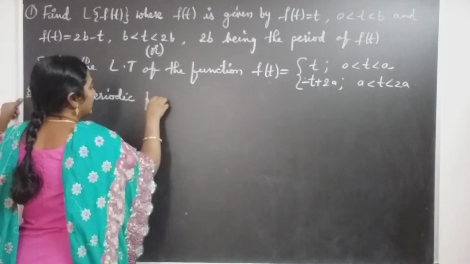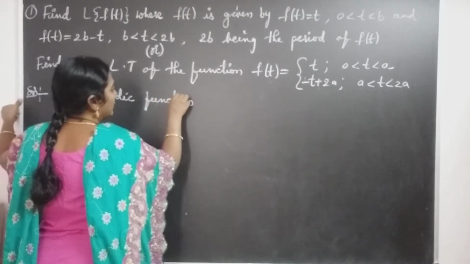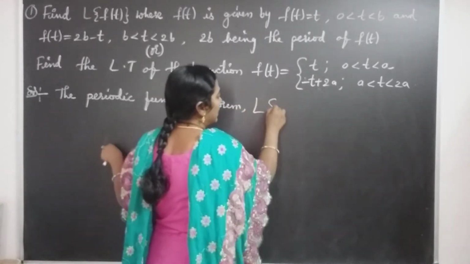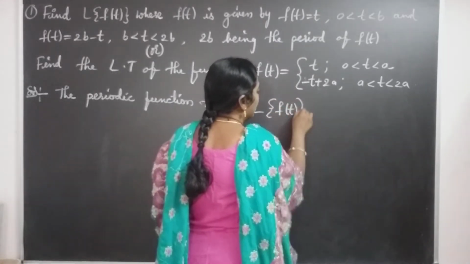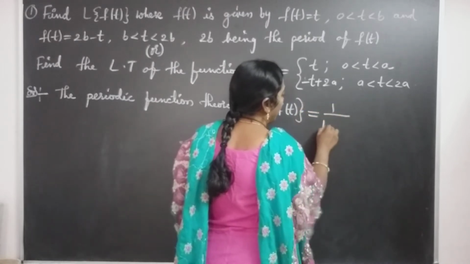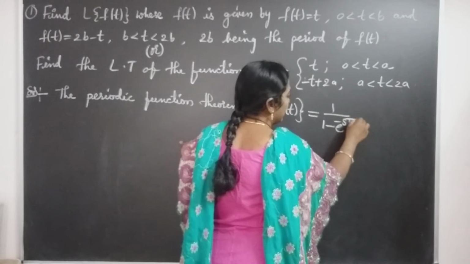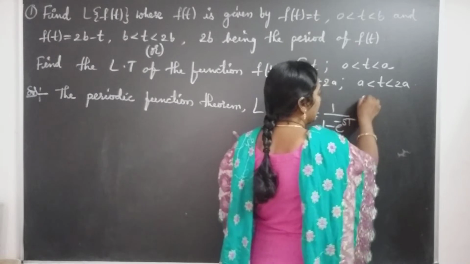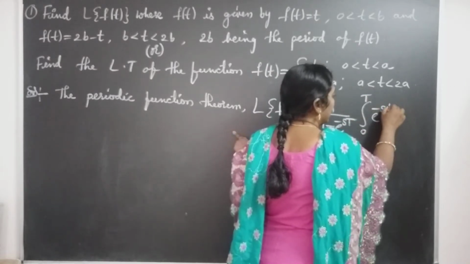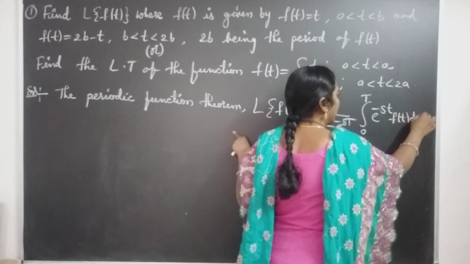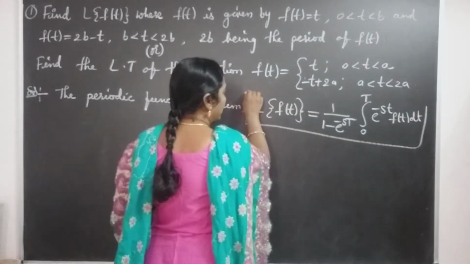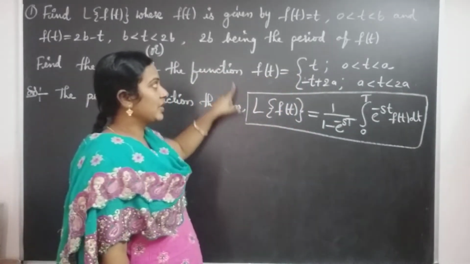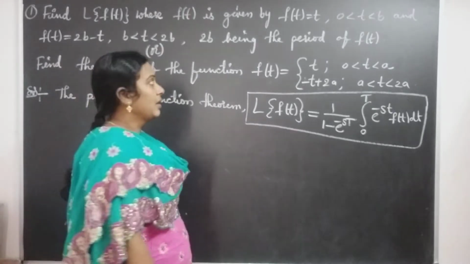By the periodic function theorem, the Laplace transform of the function f of t is equal to 1 by 1 minus e power minus sT, where capital T is the period, times the integral from 0 to T of e power minus st f of t dt. This is the theorem statement for the Laplace transform of a periodic function. By using this relation we can solve either case.